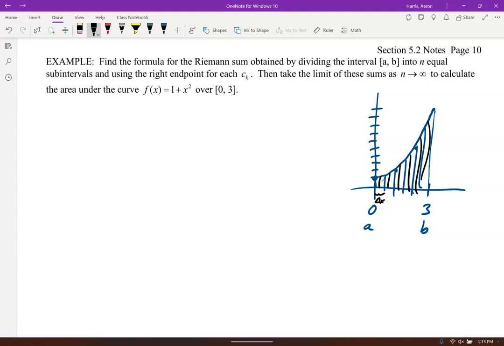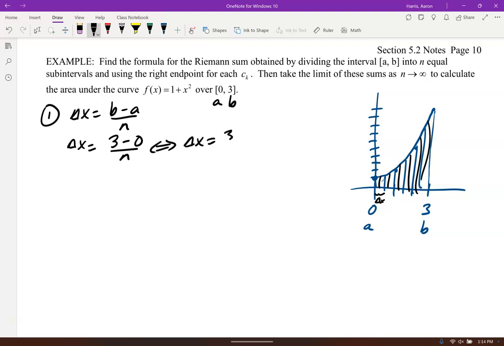So we'll find that area. Well, let's start out with delta x. Let's find the width of each rectangle. So delta x would be b minus a, again, a to b. So 3 minus 0 over n. So our delta x, our width of each rectangle, is 3 over n.